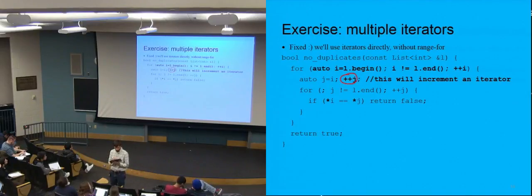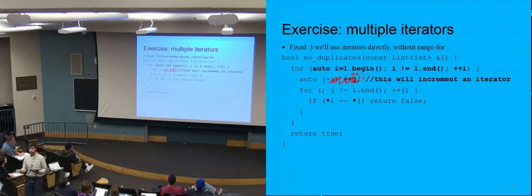So the question was, what if I did j equals ++i? So I got a question for you. The line of code that I wrote up here, does that move i forward by 1 position? Yes. And does it set j to be 1 step forward, and is that what I want? Yes. Okay. Did I really mean to move i? No, I didn't. So that's a bug.